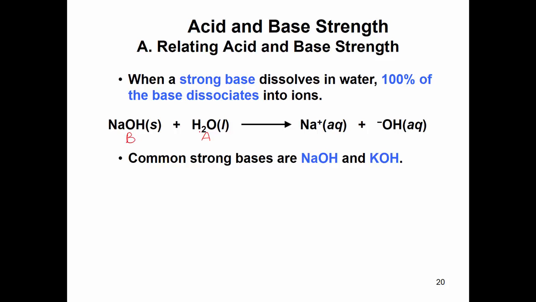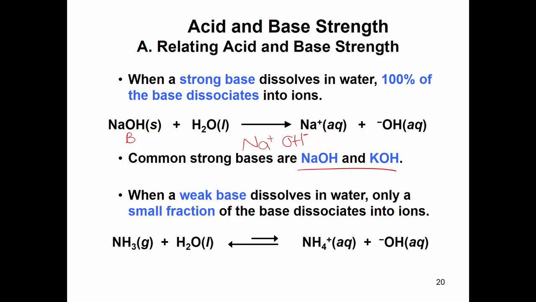So it completely dissociates, meaning that it's going to break down. If you look here, NaOH, all we're doing when you dissolve it in water is it becomes this. Here are two common strong bases.